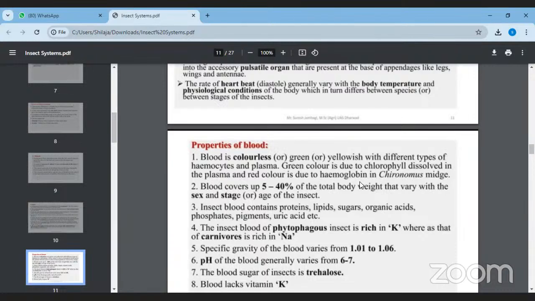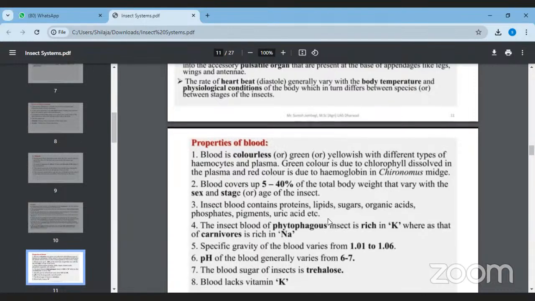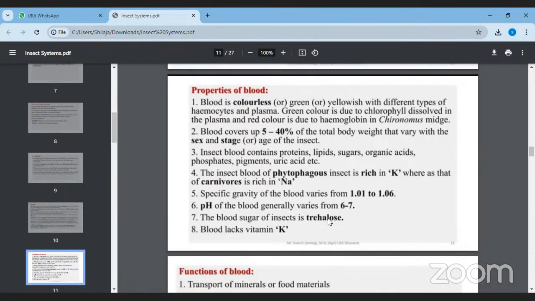The blood of phytophagous insects will be rich in potassium, whereas in carnivores, if they are blood sucking, it is rich in sodium. The specific gravity of the blood also varies in insects from 1 to 1.6, and the pH of blood generally varies from 6 to 7. The blood sugar of insects is called trehalose, and the blood lacks vitamin K.